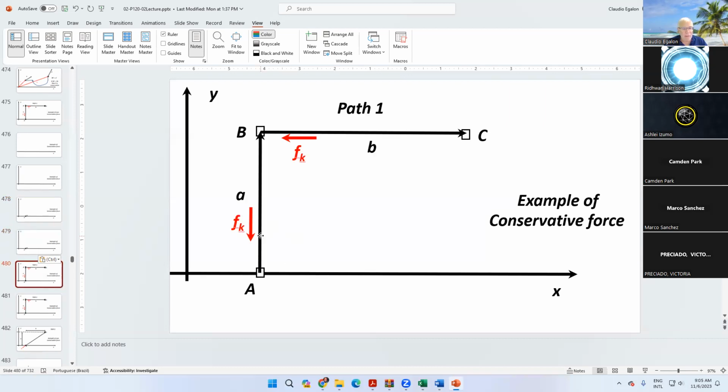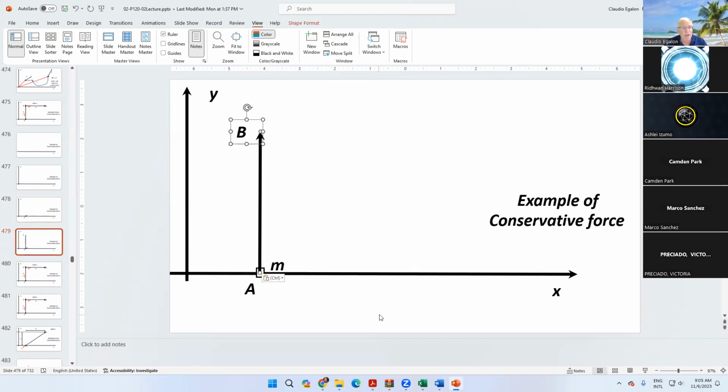So I'm going to move this mass from point A to point B, and then from point B to point C. And let's not forget, while I'm moving this mass, there is also a conservative force acting on this mass.